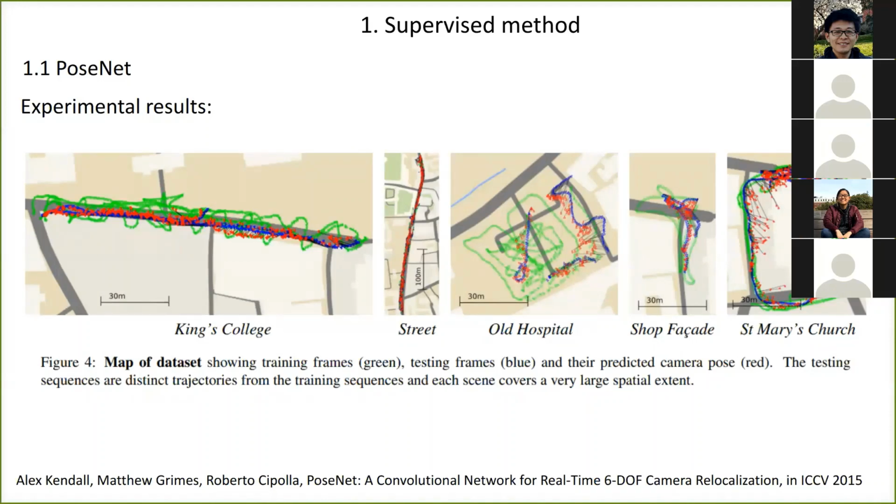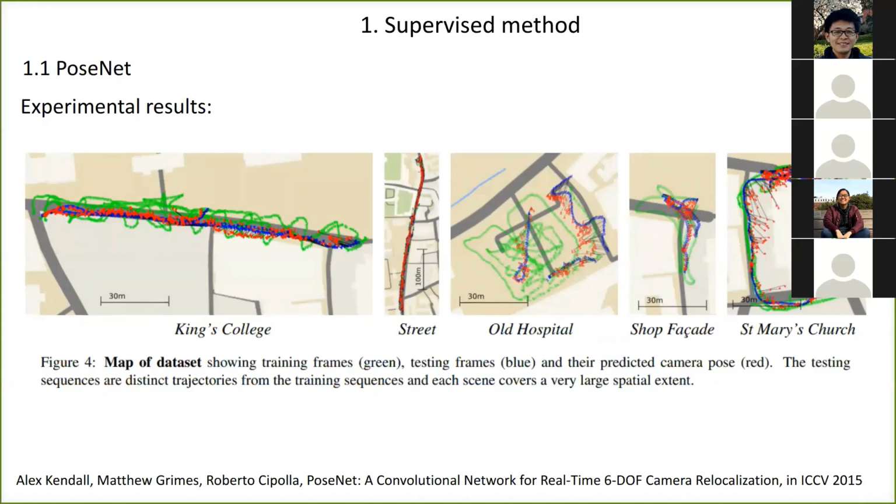The data collection process is basically simply use a camera and go outside, take some videos, and put these videos into traditional SLAM algorithms, traditional structure from motion, monocular SLAM algorithms, and then get the camera pose, and then use the camera pose to label the training of the neural network.